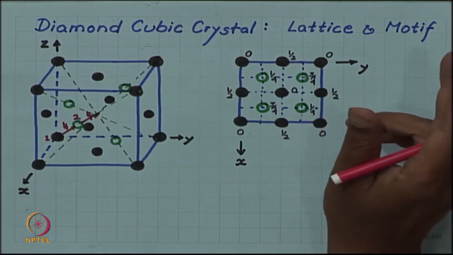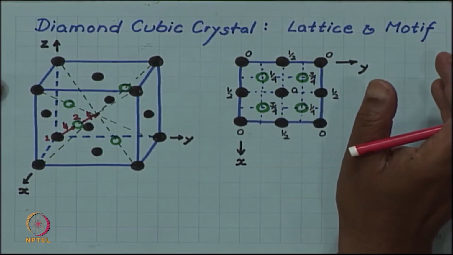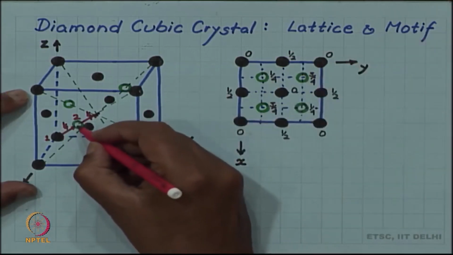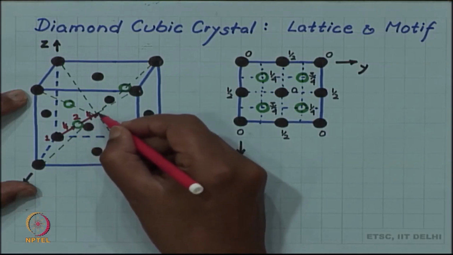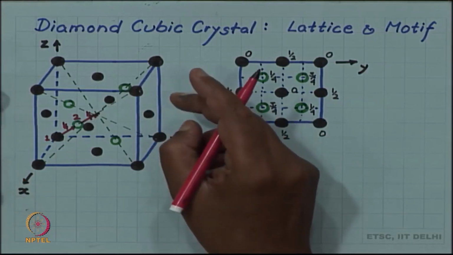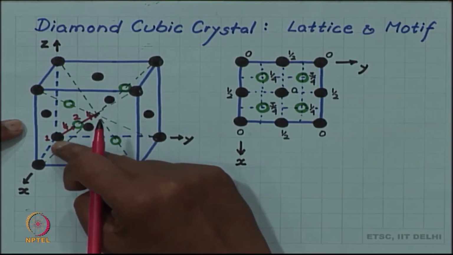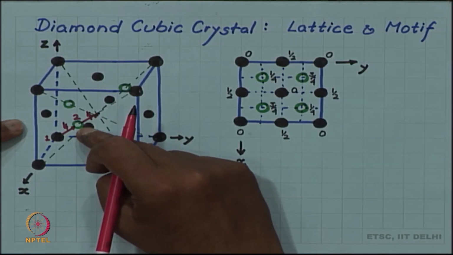But please note that we have not placed any atom at the center of the cube. So, which means the green atom does not have a neighbor in the same direction at the same location as the black atom, which clearly shows that if 1 is considered as a lattice point, 2 cannot be considered as a lattice point.